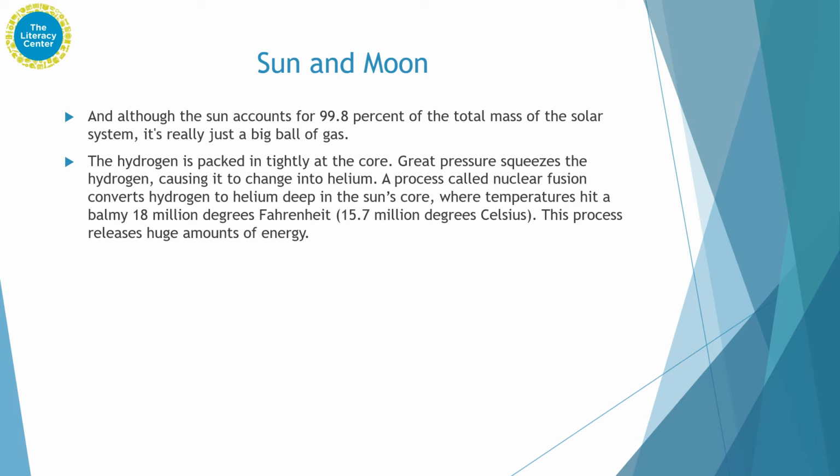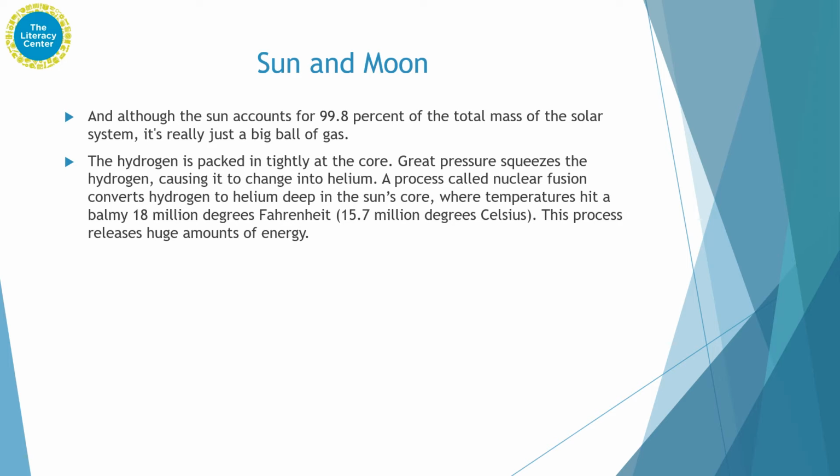The hydrogen is packed in tightly at the core. Great pressure squeezes the hydrogen, causing it to change into helium. A process called nuclear fusion converts hydrogen to helium deep in the Sun's core, where temperatures hit a balmy 18 million degrees Fahrenheit, that is 15.7 million degrees Celsius.